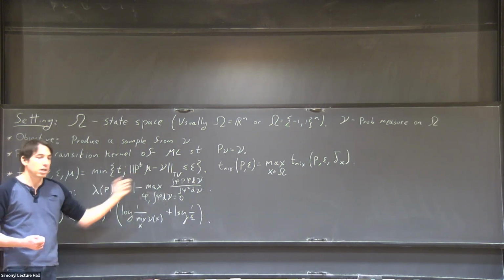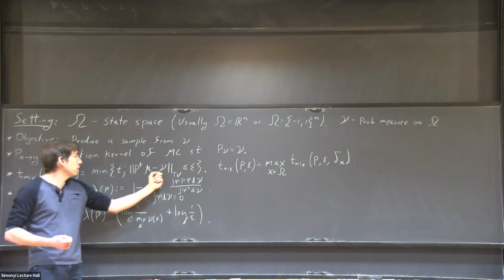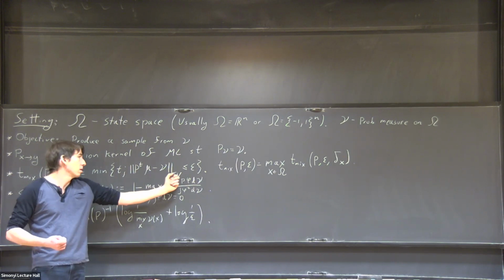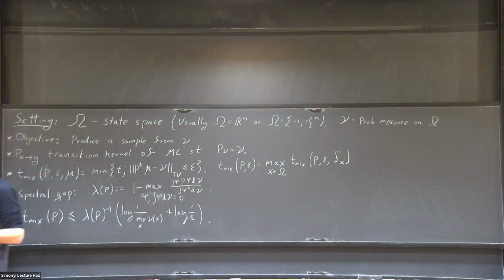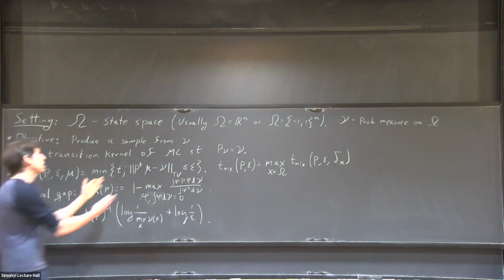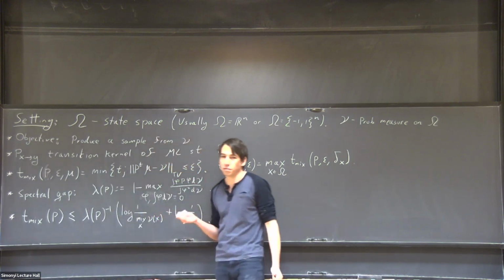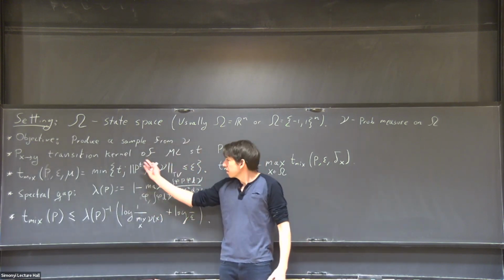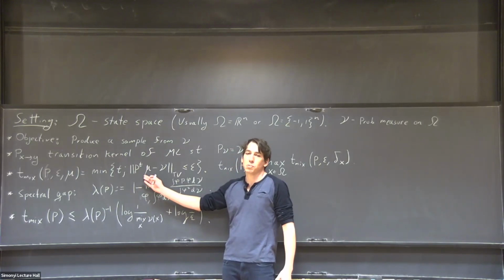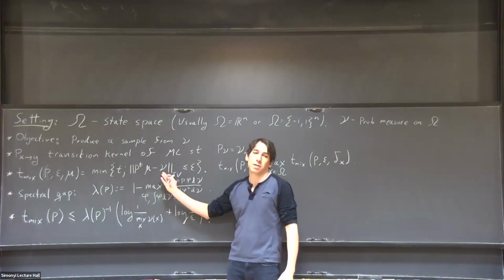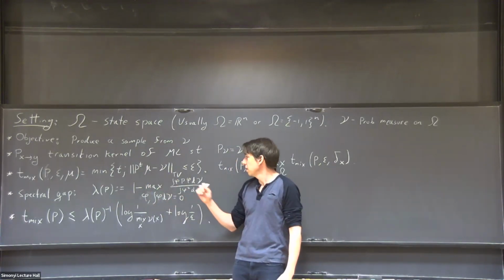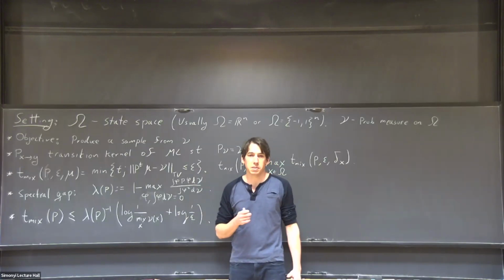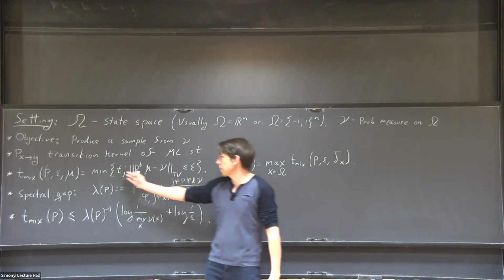I get some measure, and I want this measure to be close to nu in total variation or L1 distance. This just means that for any subset of omega, the measure this gives to the subset is close to the measure that nu gives to that subset. And I want it to be less than epsilon for every such subset. Okay, so this is the mixing time.